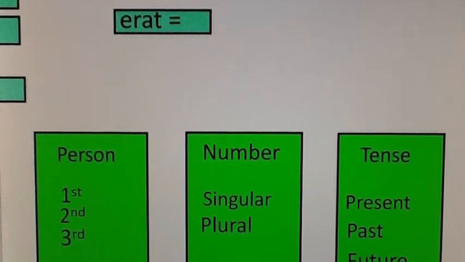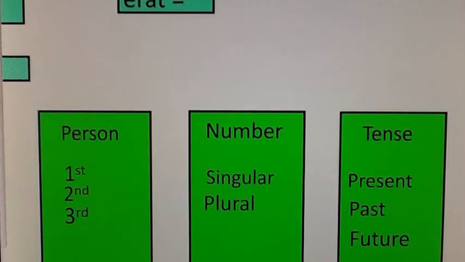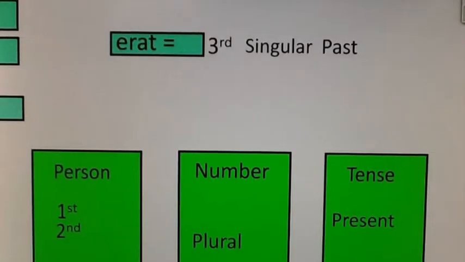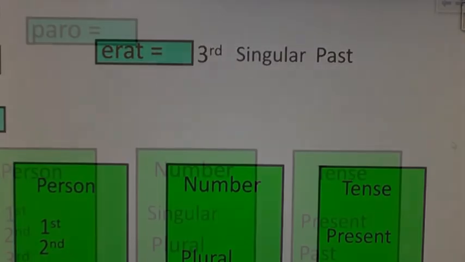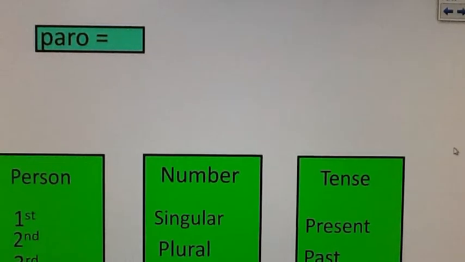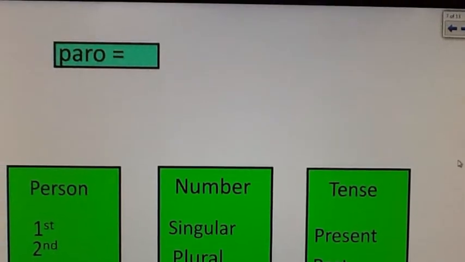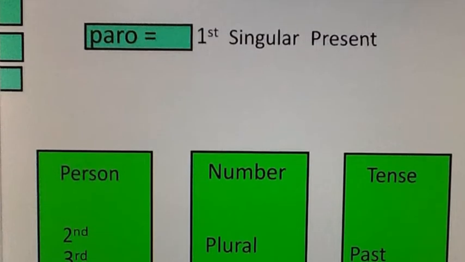The T tells you that it's clearly third person and singular, and it means he was, so it's past tense. Third person, singular, and past tense. Person, number, tense. Go ahead and do paro on your own and pause until you're ready to look at the answer. Since it's got an O, it's first person, it's singular and present.